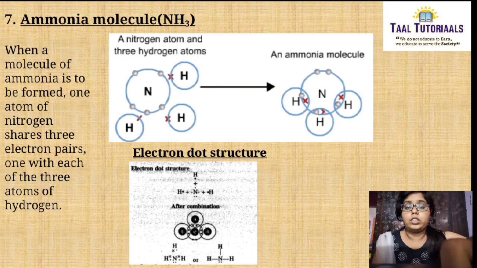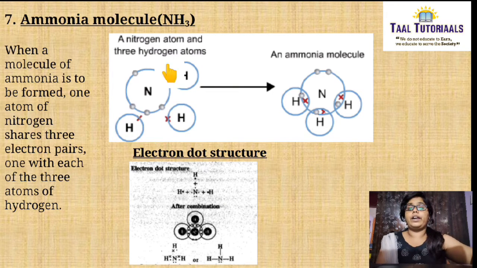Okay, if you see here, this is 1 nitrogen atom and it has 5 valence electrons, and here hydrogen has 1 valence electron, here hydrogen 1 valence electron, 1 valence electron. And see, here hydrogen is sharing 1 electron with 1 electron of nitrogen, so that hydrogen attained duplet electronic configuration, and this hydrogen also and this hydrogen also.